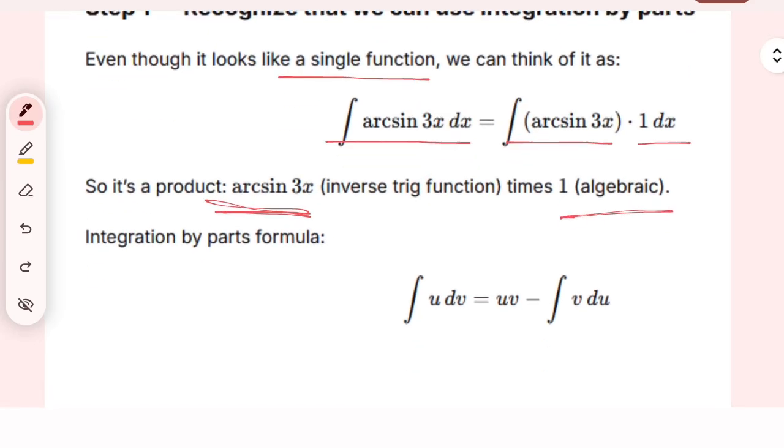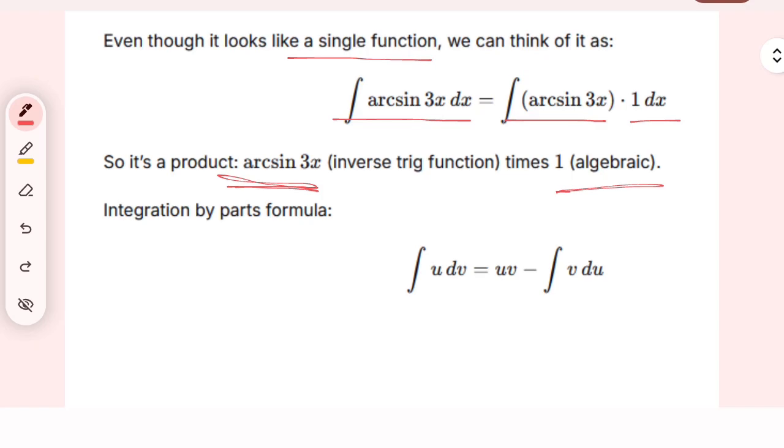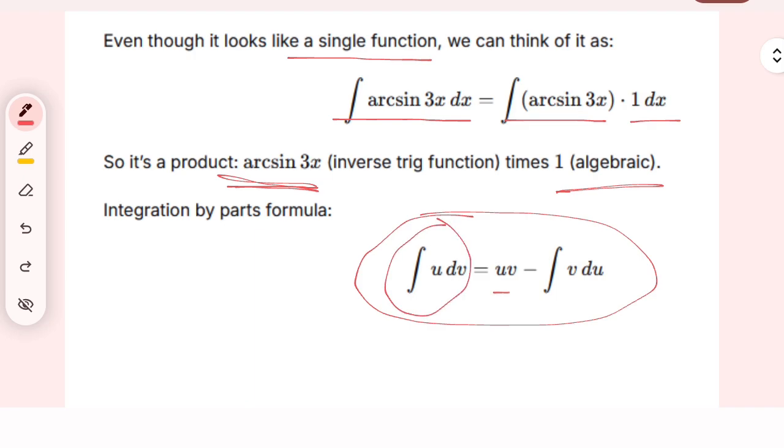And remember the formula for the integration by parts. The integral of u dv is simply equal to u times v minus the integral of v times the derivative of u.